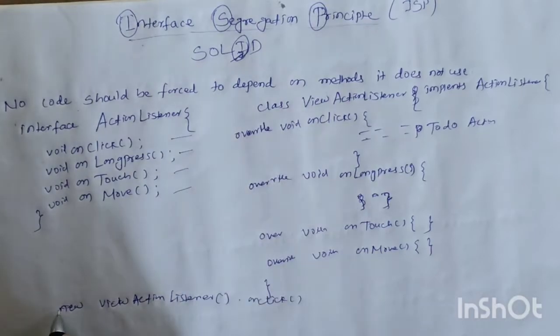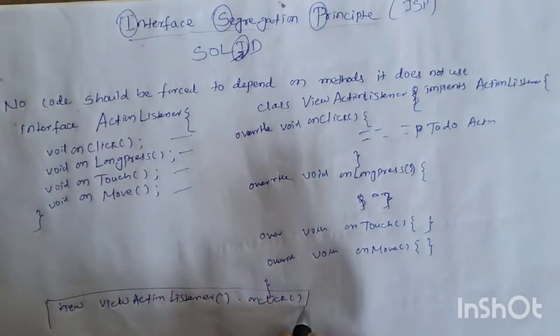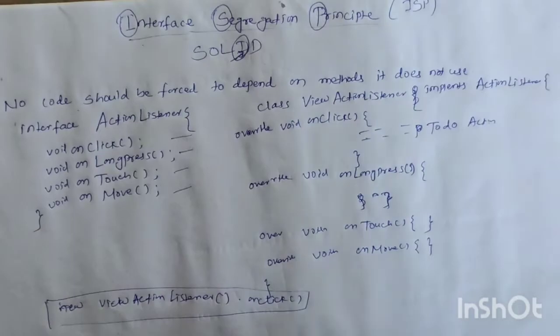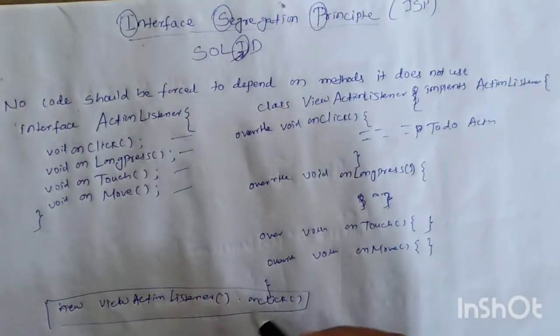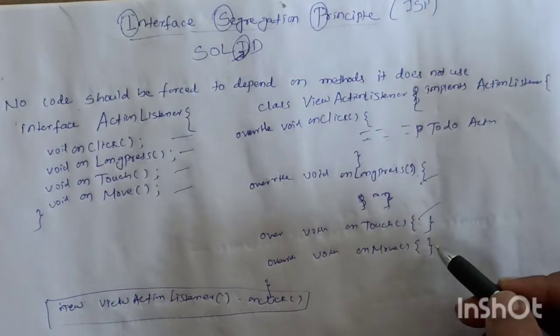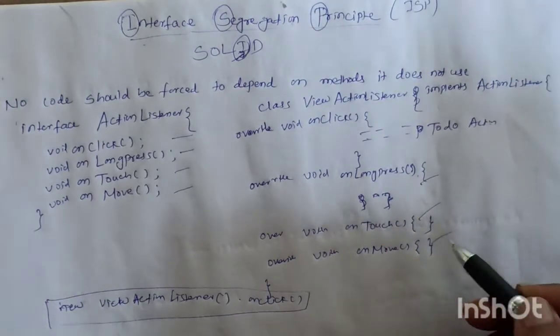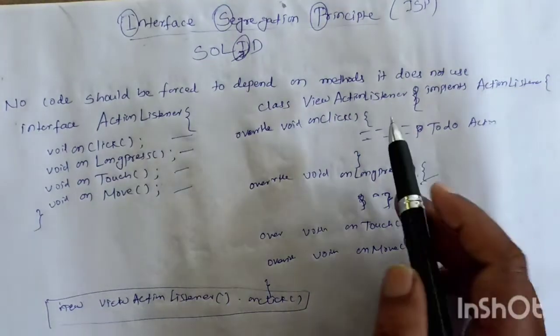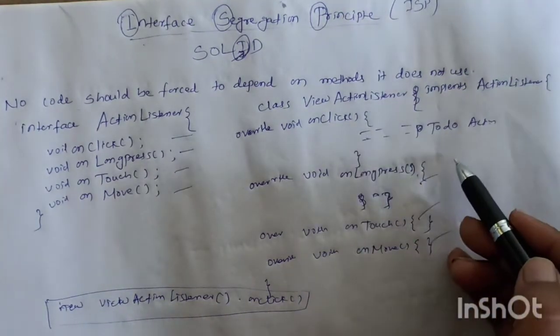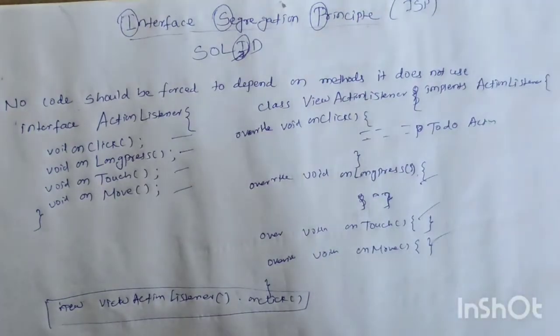This method will get called, but not the other methods, because they are not in our requirement. In the button I want to handle only the onClick event. So in that case, the implementations of these dead code methods become useless, because they will not be of any use. Similarly, in some requirements we will find that we need to handle the onClick event and the onLongPress event, not the other two.